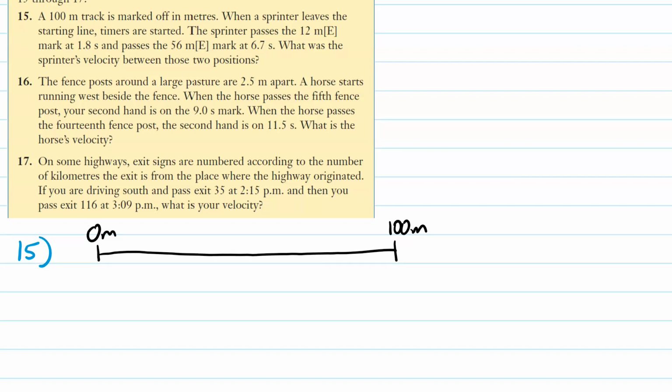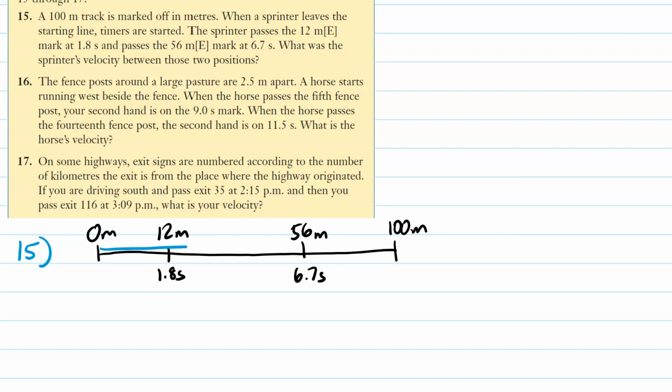The sprinter passes the 12 meters east line at 1.8 seconds and passes the 56 meters east line at 6.7 seconds. And just to keep this to scale a little bit, let's move 12 meters east closer to the front. Okay, so that's your diagram.